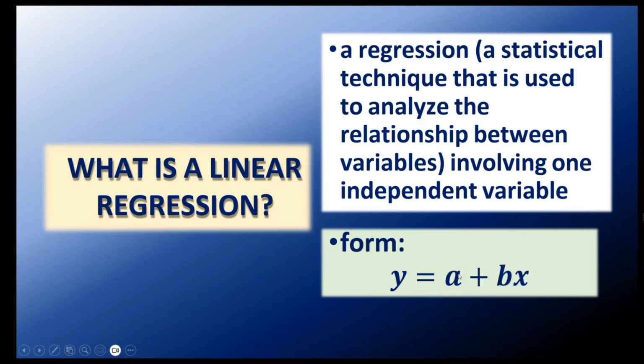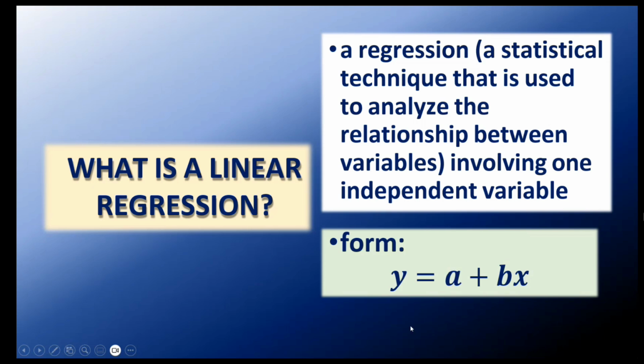Then we do have here a. This is actually an intercept. And then we do have b, which is the coefficient of x. What are this a and b? These will actually be from the result of the linear regression.